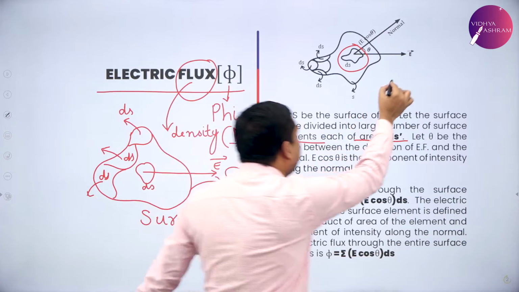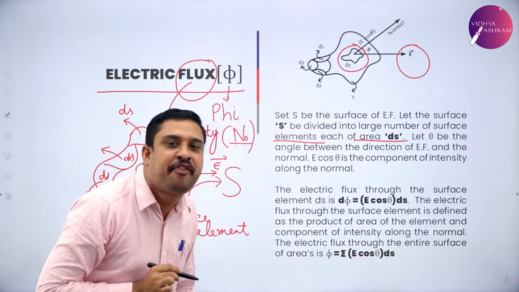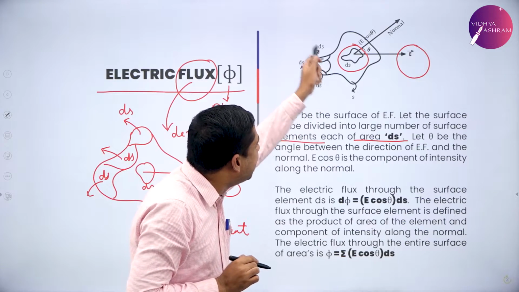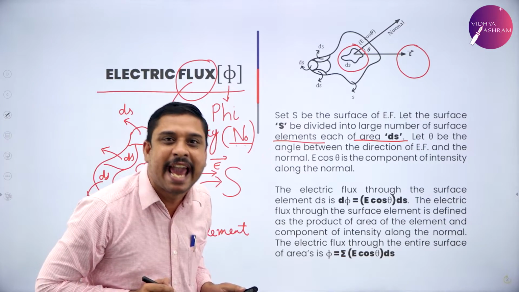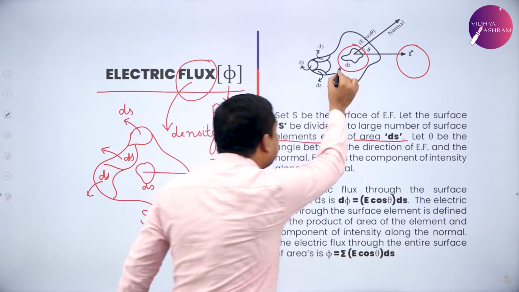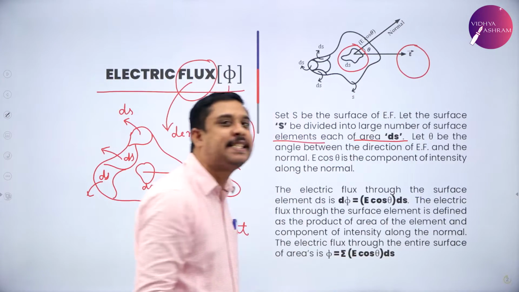So this gives me the direction of the electric field. So I have considered one surface element whose area is ds. The electric field acts tangential to the surface.